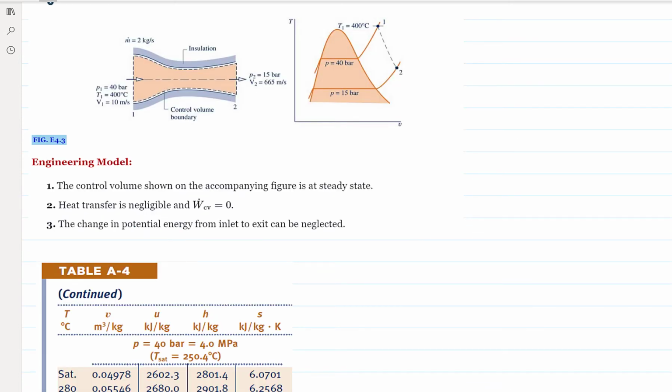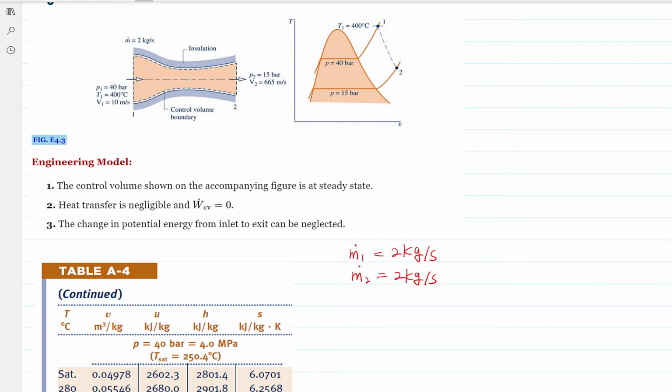According to the conservation of mass, the mass flow rate at the inlet is equal to the mass flow rate at the outlet. So the mass flow rate at the inlet is 2 kg per second, and the mass flow rate at the outlet is also 2 kg per second. And we want to determine the area at the exit.